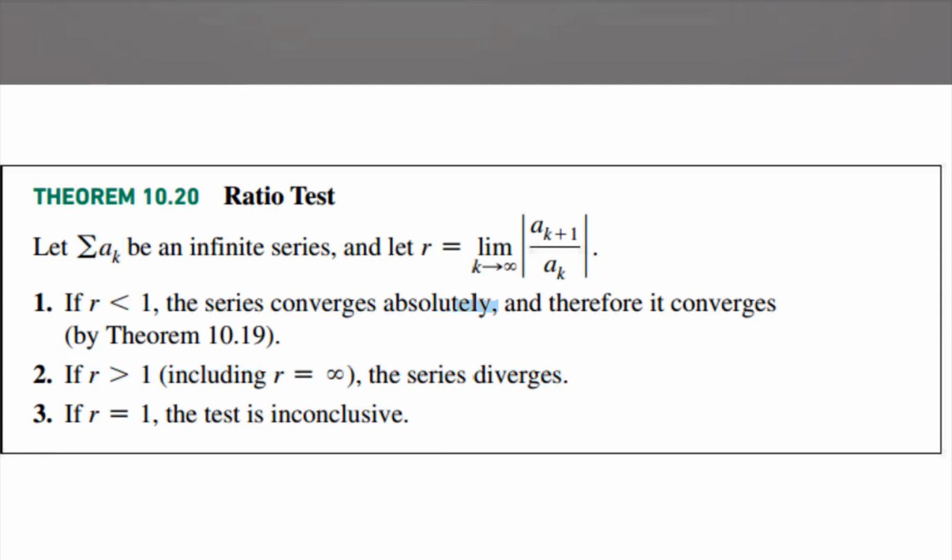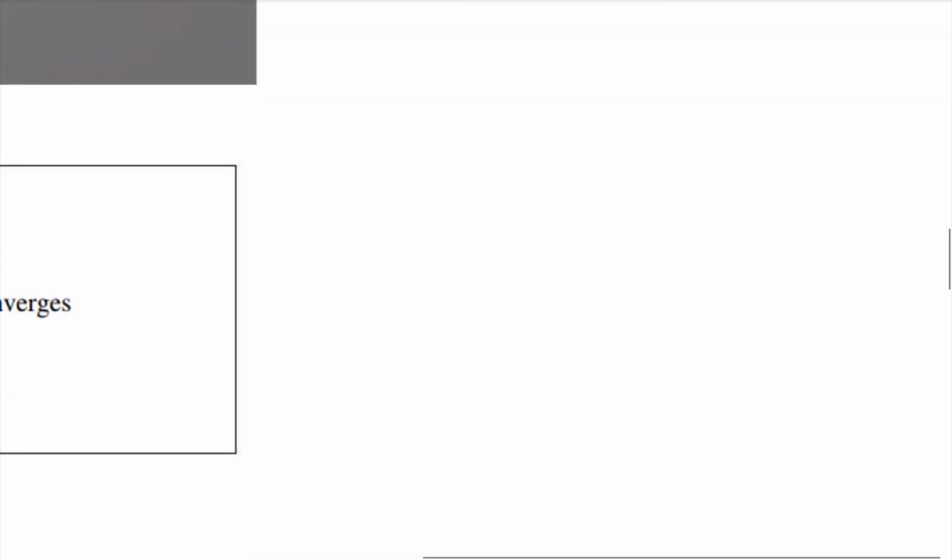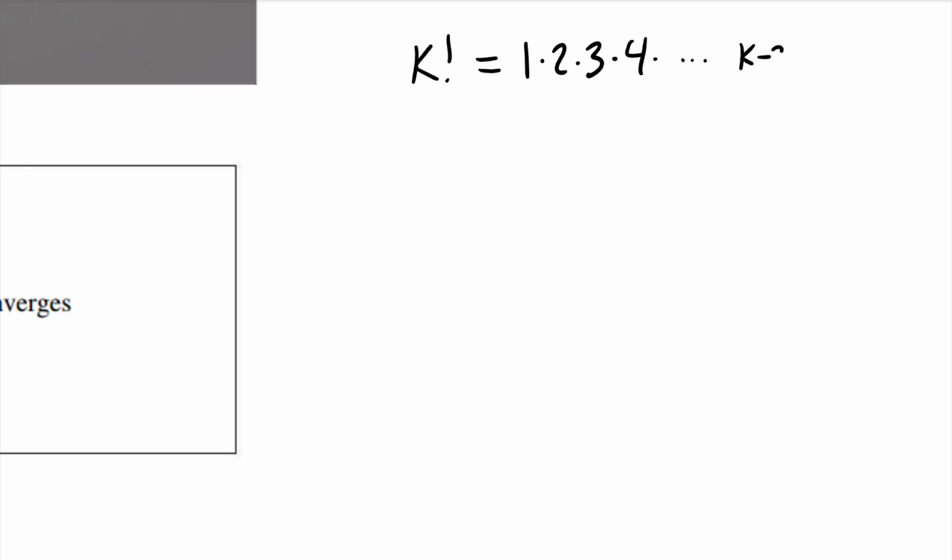But before we do, what you're going to see a ton of are factorials. What is k factorial? I know we've done this before, but this is 1 times 2 times 3 times 4 times ... let's call it k minus 2, k minus 1, and then k.